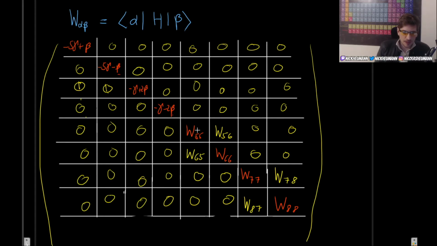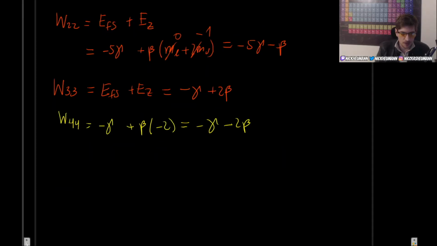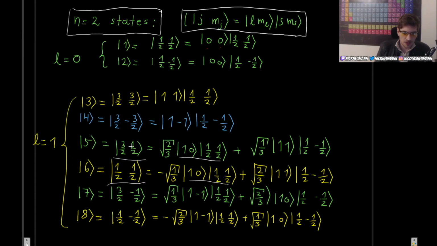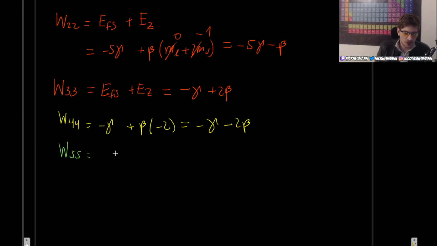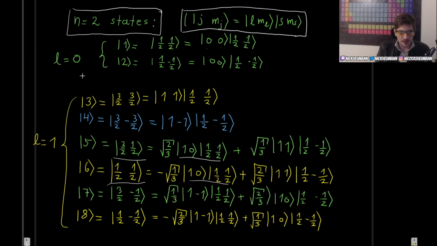Now let's go for W55. What is this state? This one has J equals 3/2 as well, so we can also just go ahead and write minus gamma. What about the Zeeman contribution? So beta times, what are ml and ms?